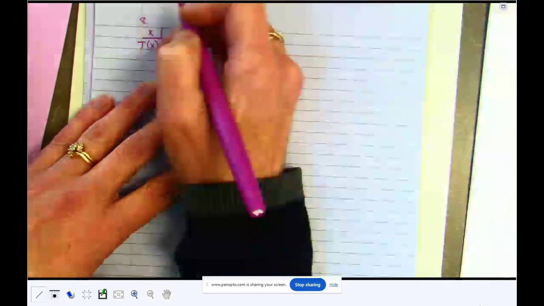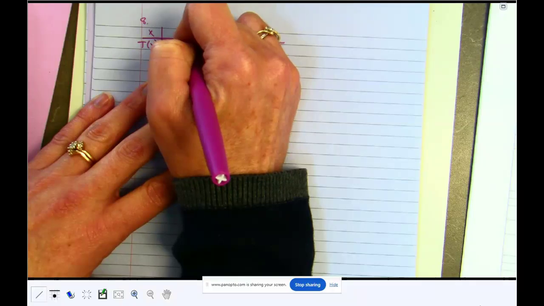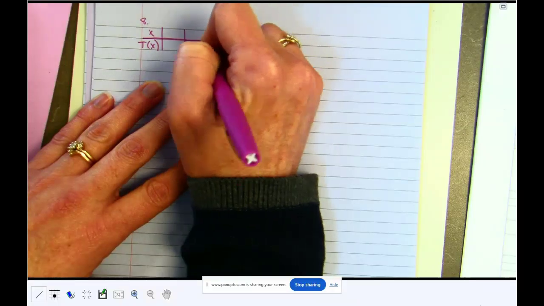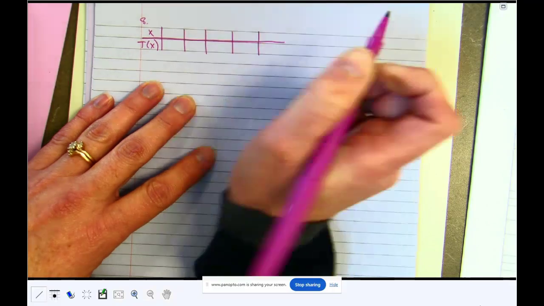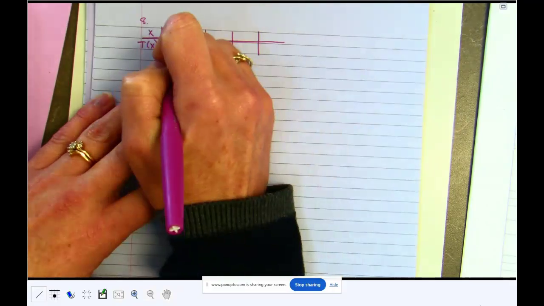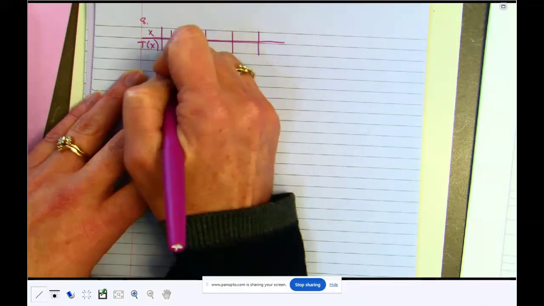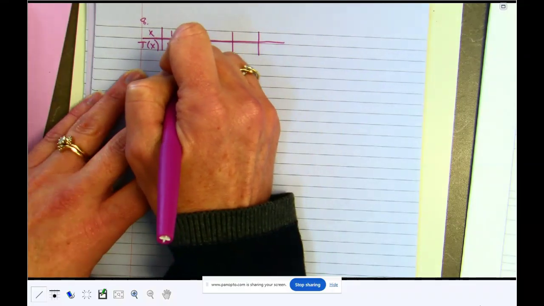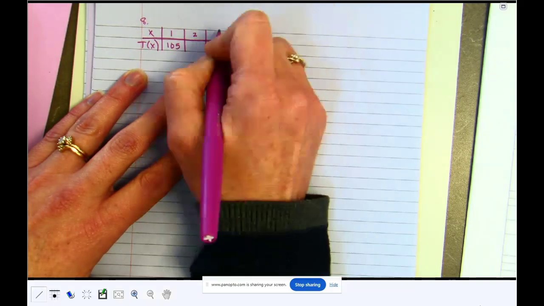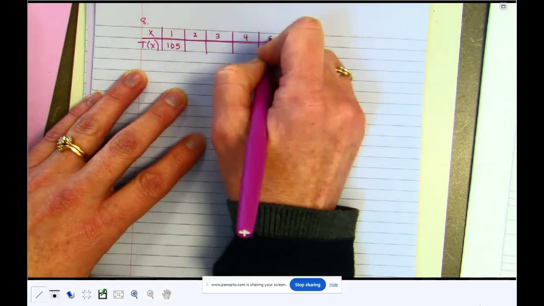I just love cookies. Temperature of the cookies in the oven. This is the actual temperature of the cookies, not the temperature of the oven. So let's say after 1 minute, it's 105. I have no idea what the correct temperature is, so please don't come at me.